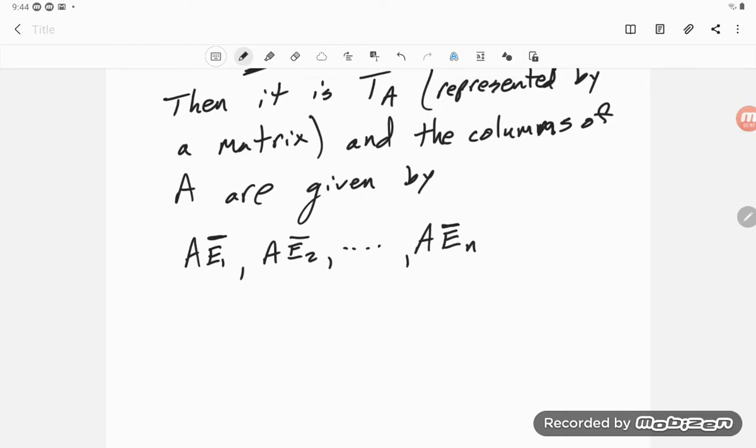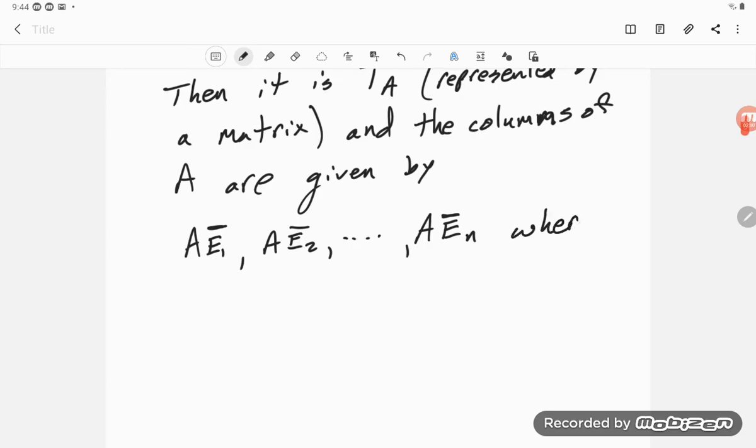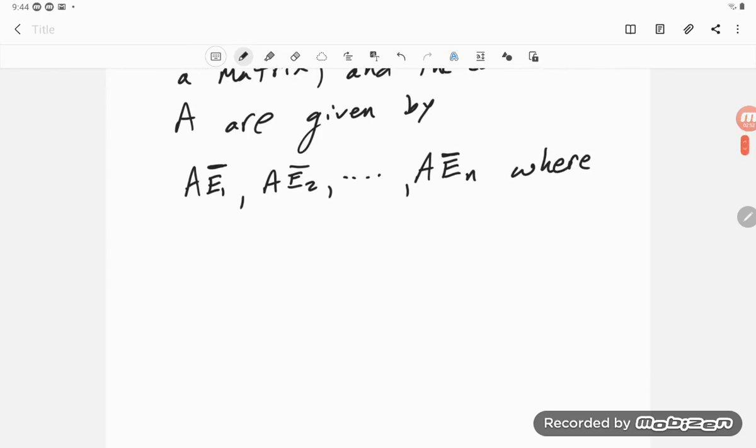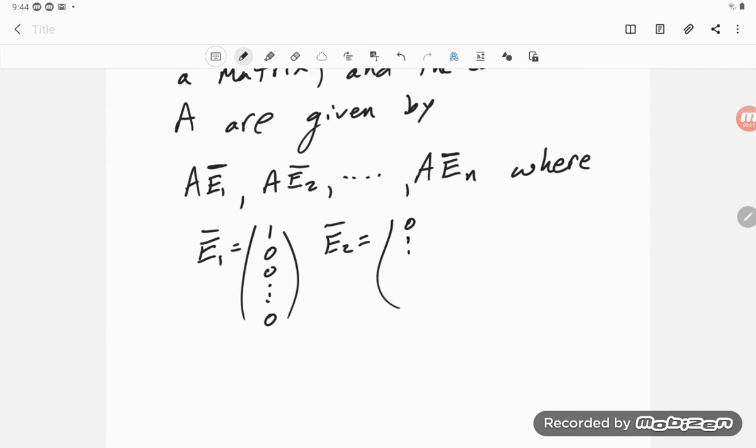Okay, so it's given by that, where E1 is the vector 1, 0, 0, dot, dot, dot, down to 0. The vector E2 is 0, 1, and then a bunch of zeros. And that just keeps going until you get to the vector En, and that would go 0, 0, all the way down to 0, and 1 at the bottom.